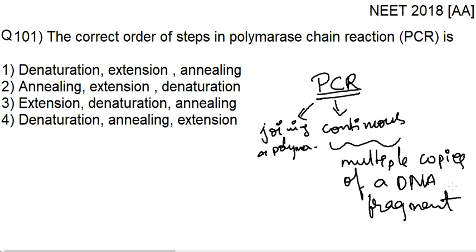How do you multiply it? If you go by the traditional method, genetic engineering, you have to extract the desired DNA, make it a recombinant DNA, and put it back into an organism where it can be multiplied, right?